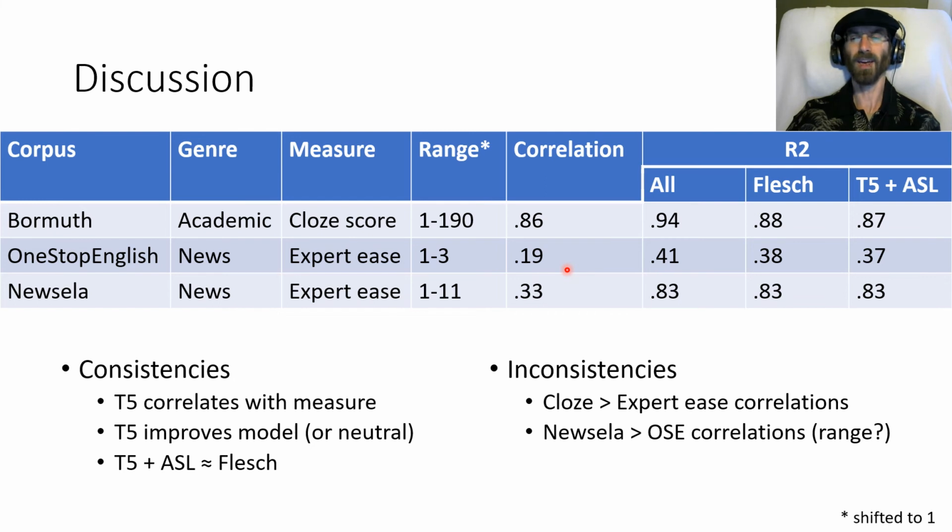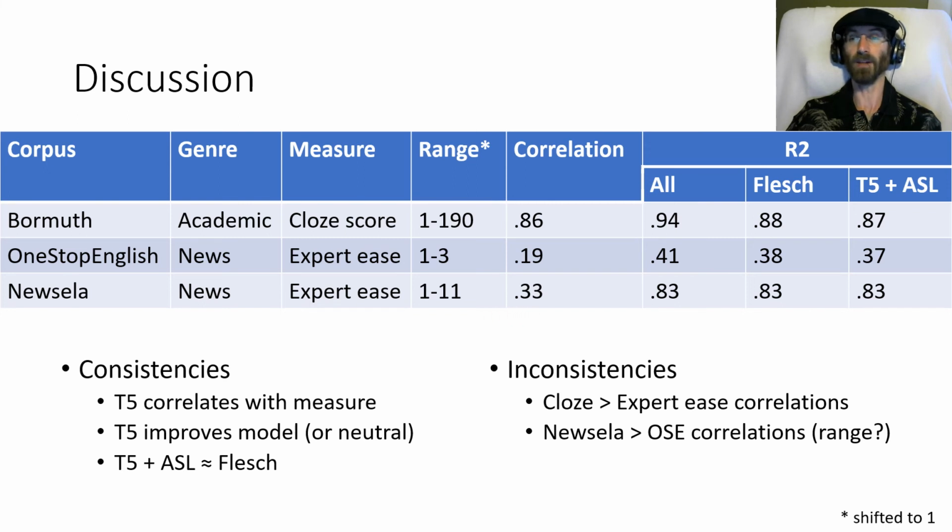So it's kind of challenging to try to figure out why, since we don't have that much variability in these corpora. But one potential explanation for this is restricted range. There's a much greater restricted range for One Stop English than Newsela. But I'm not entirely convinced of that, because the general pattern of correlations is also very different between the two.